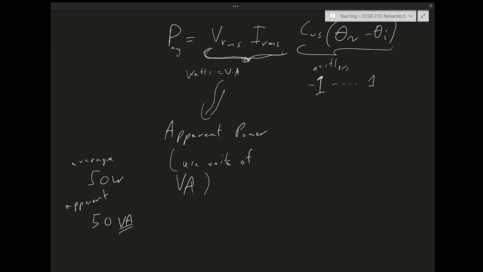Okay, so we established V RMS times I RMS is the apparent power. This factor from -1 to 1 is what's called the power factor.